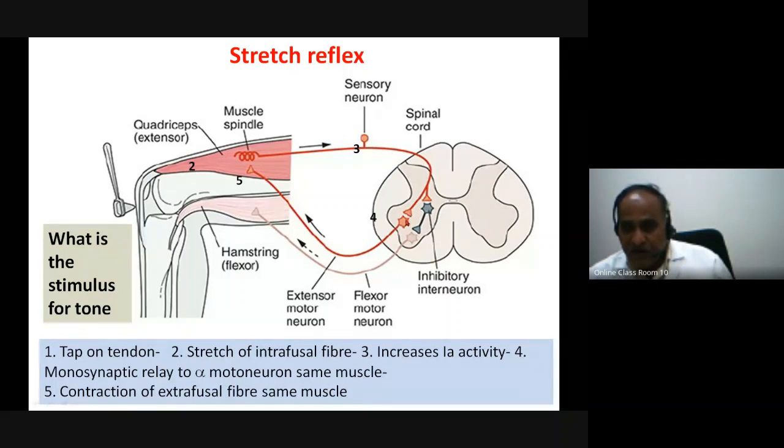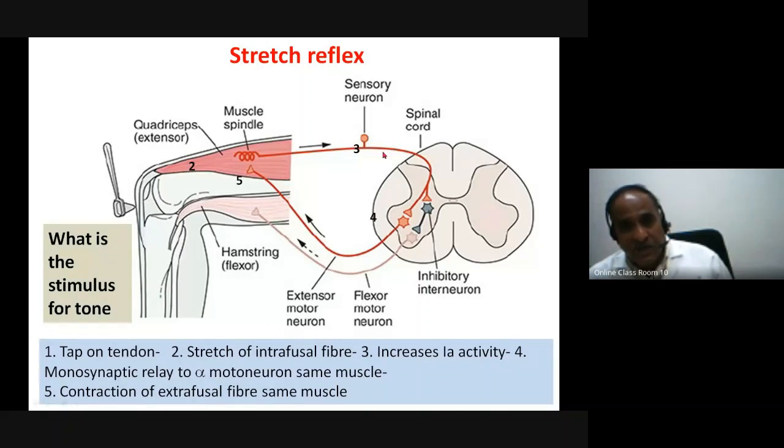This is the spinal cord here. They make a monosynaptic contact with the alpha motor neuron of the same muscle, and that would produce the contraction. And this forms the basis for the partial state of contraction.